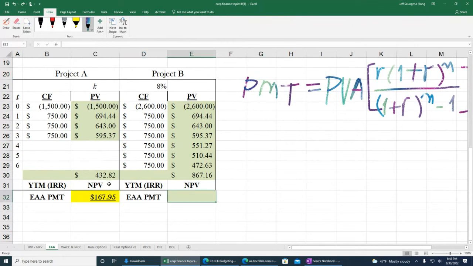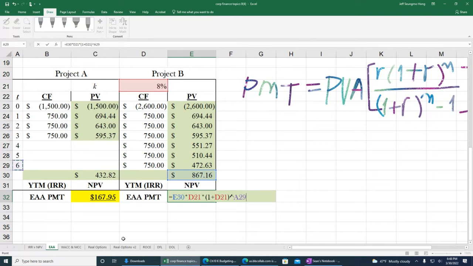And then, what about the longer project B, let's say. Also apply that formula. That's the present value of annuity times r times 1 plus r raised to, this time n is 6, right?